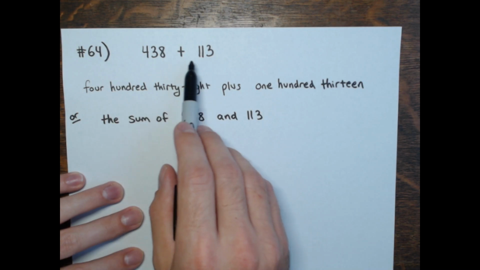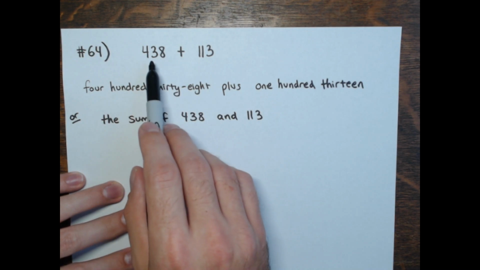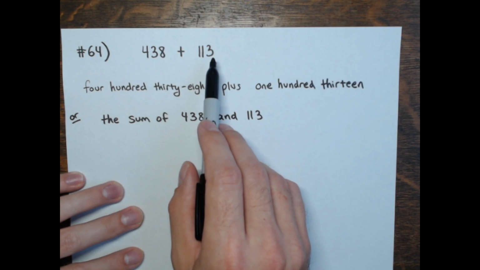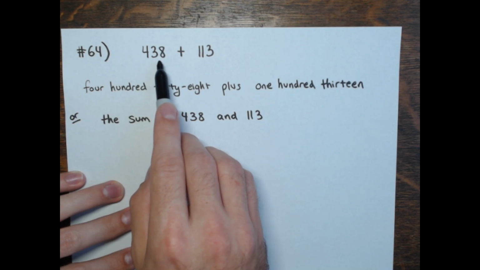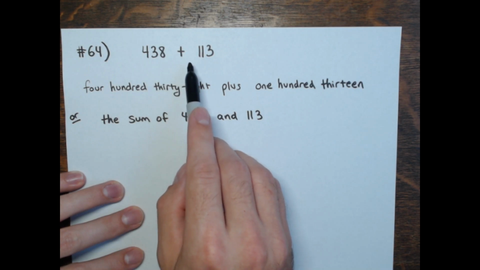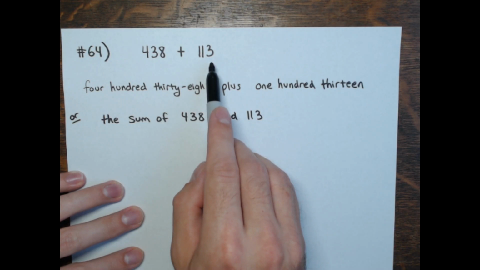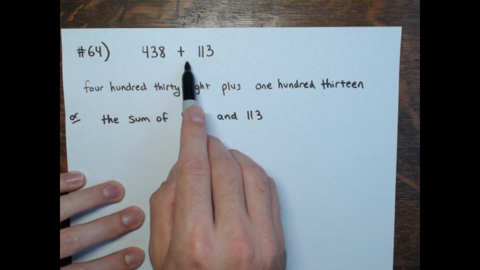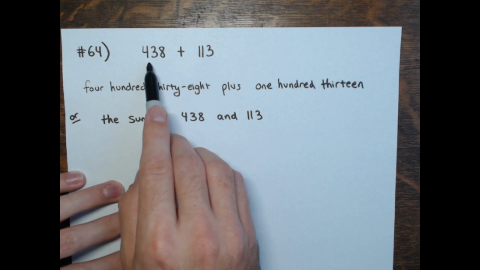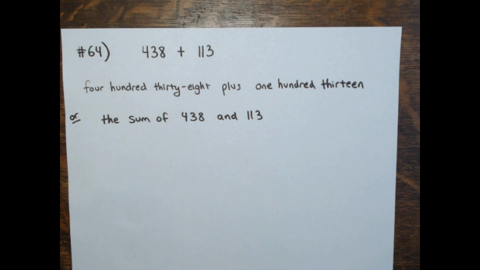So I could also call this the total of 438 and 113. I could say this was 438 increased by 113, or I could say that this expression represents 113 more than 438. Right? So either way you say it, it's the sum of 438 and 113. 438 plus 113.